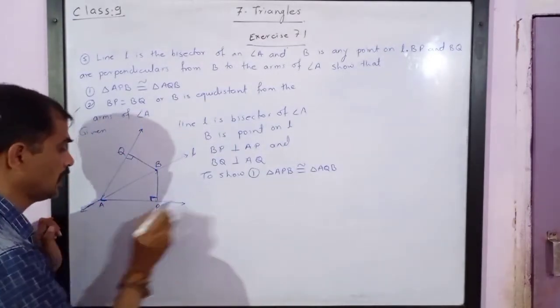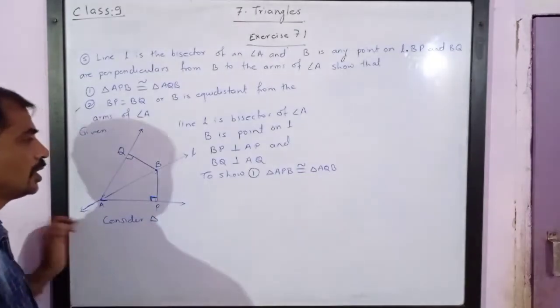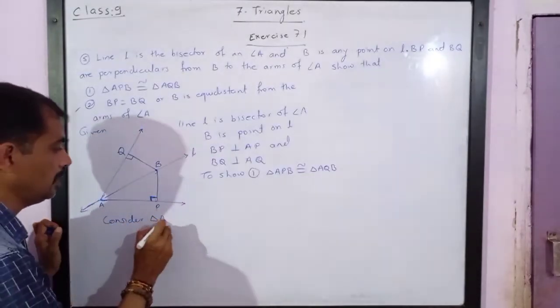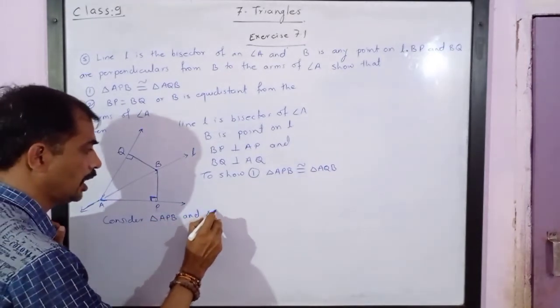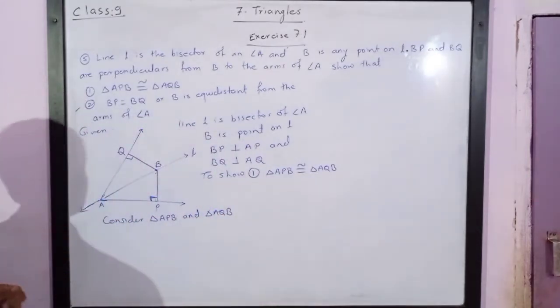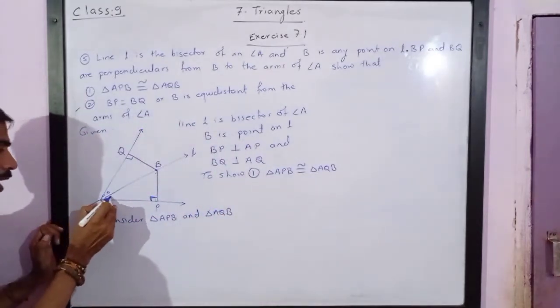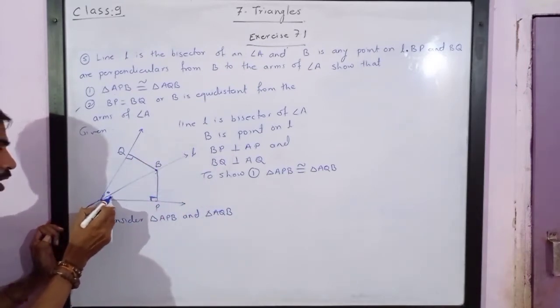Consider triangle APB and triangle AQB. So consider these two triangles separately. Now we know that line L is an angle bisector. So I will get this angle congruent to this angle.